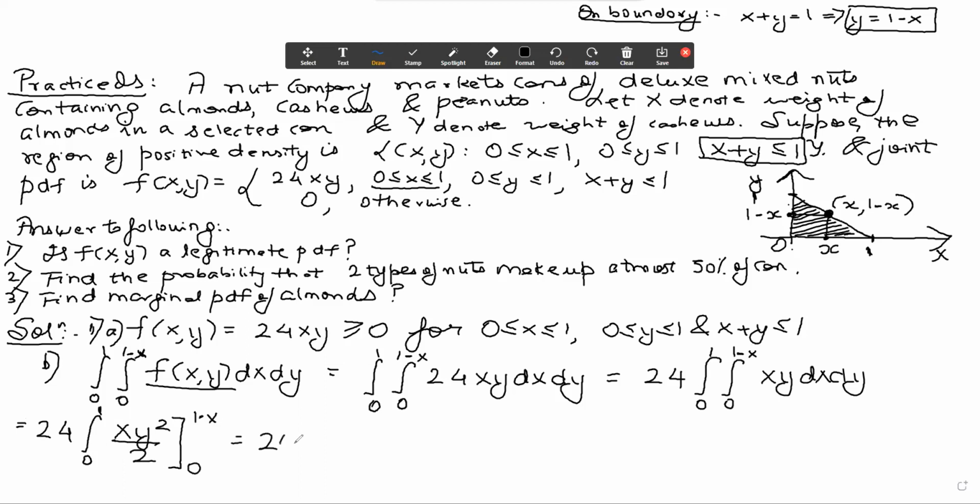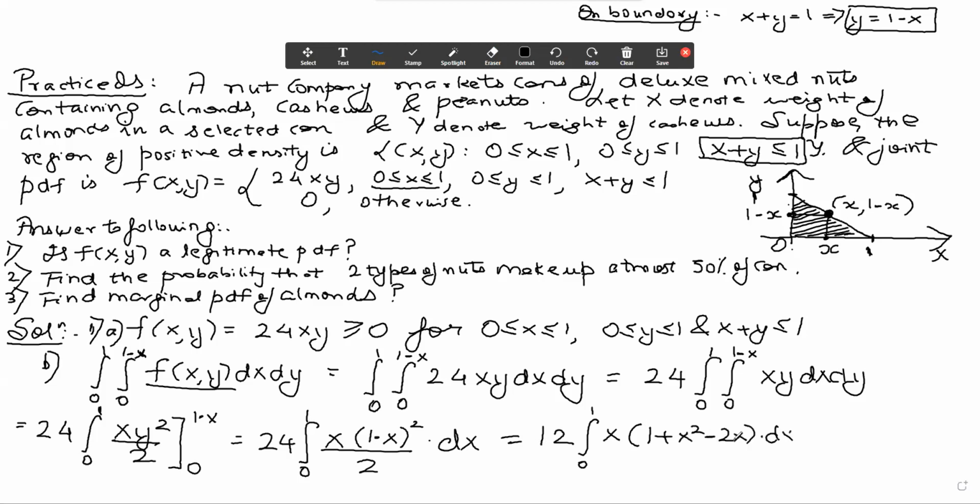So this will be 24 into, as x goes from 0 to 1, if I put y as 1 minus x, x into 1 minus x whole squared by 2. And if I put y as 0, everything becomes 0. So this is what I have to integrate now. I can bring 2 outside, and 24 divided by 2 will be 12 times the integral 0 to 1 of x into a minus b whole square, a squared plus b squared minus 2ab, dx.